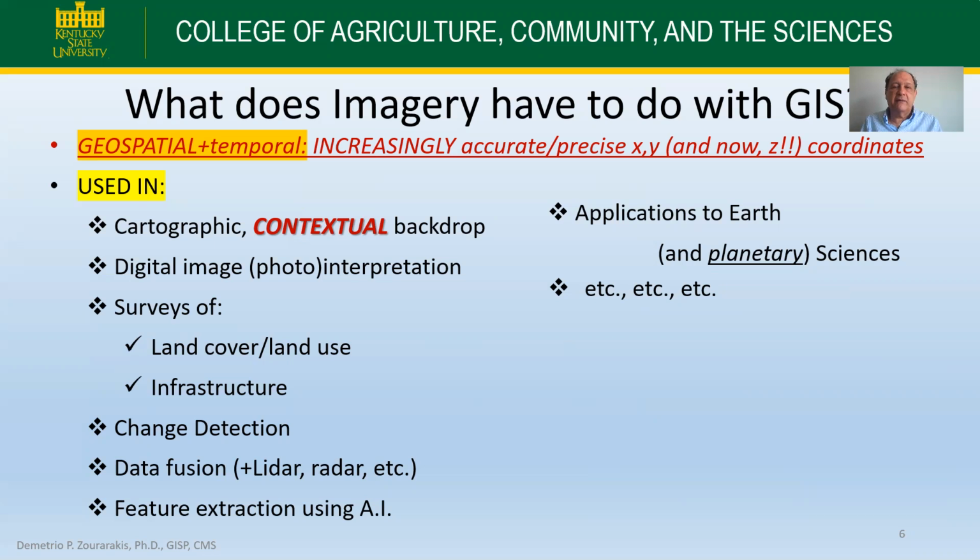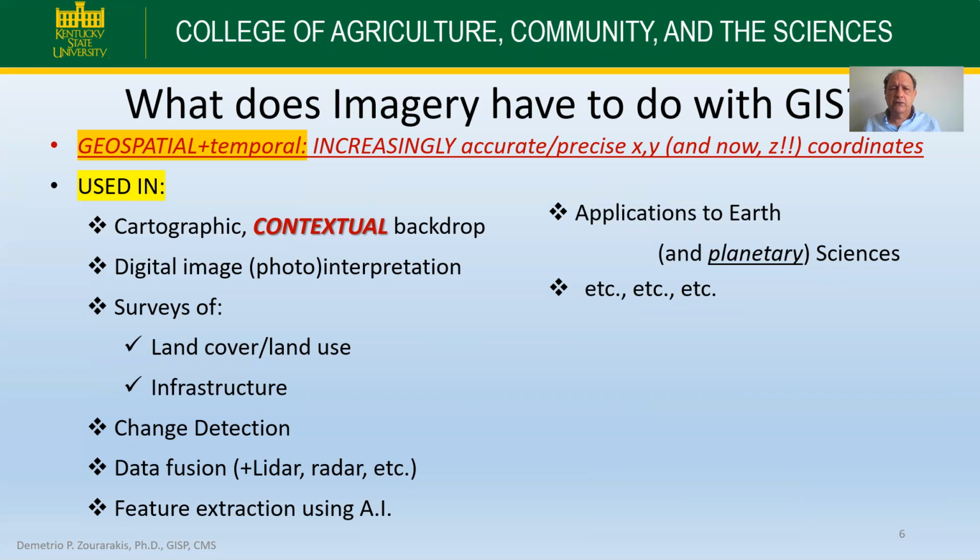I'm not a photogrammetrist, but photogrammetry is the science and art of doing that. So the images, when the GIS practitioner or professional gets them, already have a certain degree of accuracy and precision. And now, with the advent of UAVs, there's an elevation measurement that is made and attached to each pixel.